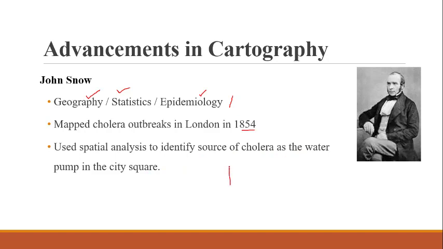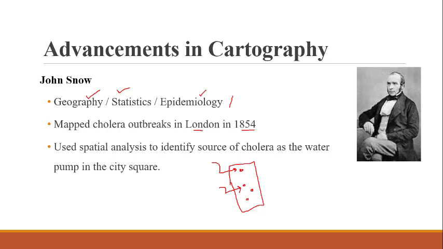This is the history of cholera, like nowadays the outbreak of COVID-19 has spread everywhere in the world. In 1854, there was an outbreak of cholera which caused a lot of deaths in London. So John Snow identified the water pumps from which the cholera was spreading.